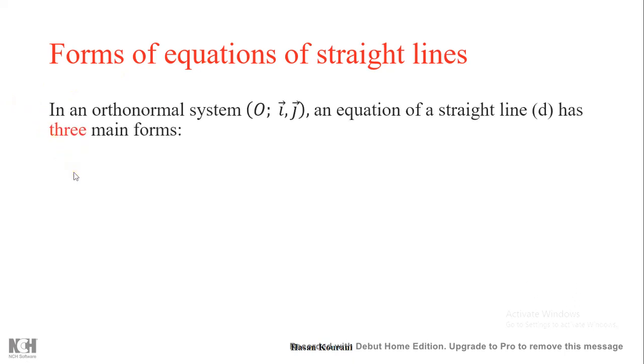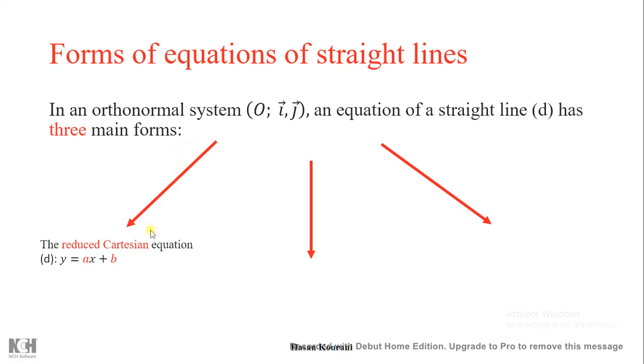Let's consider our study in an orthonormal system OIJ. The equation of a straight line D has three main forms. What are these three main forms? The first form is called the reduced Cartesian equation, which is y = ax + b, which we studied previously.